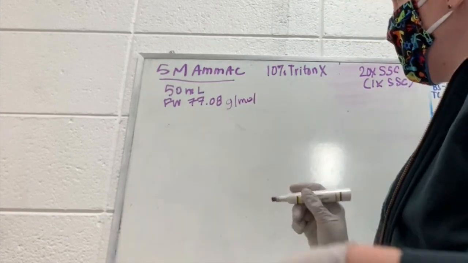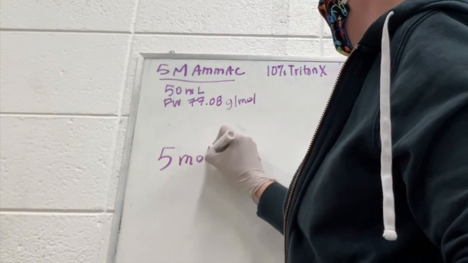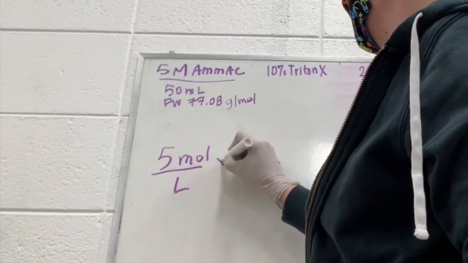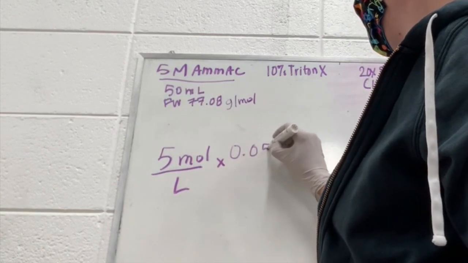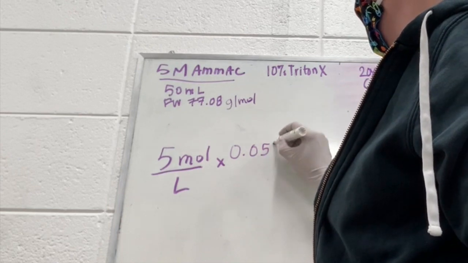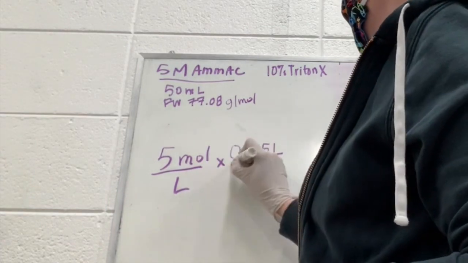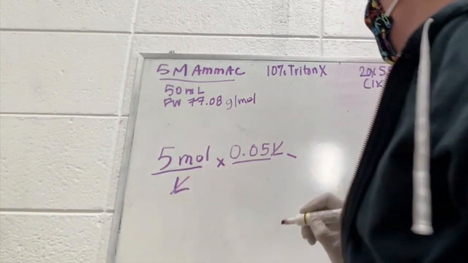So for ammonium acetate, then, we are going to say, all right, we want 5 moles per liter, and we want to make 50 milliliters, which is the same thing as 0.05 liters. You can write it out if you want to do it the long way. And that liter will cancel out with this.